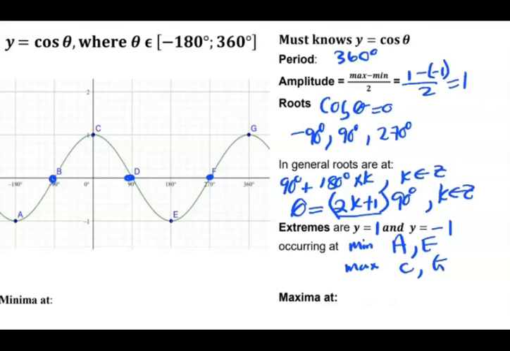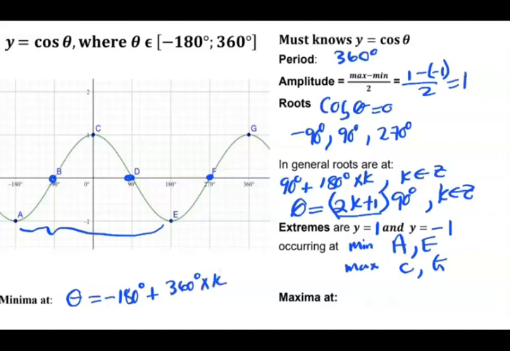To find the minima, we can start at the horizontal value, in other words theta is -180 degrees, and then to get to the next minima, we need to add 360 degrees times k.